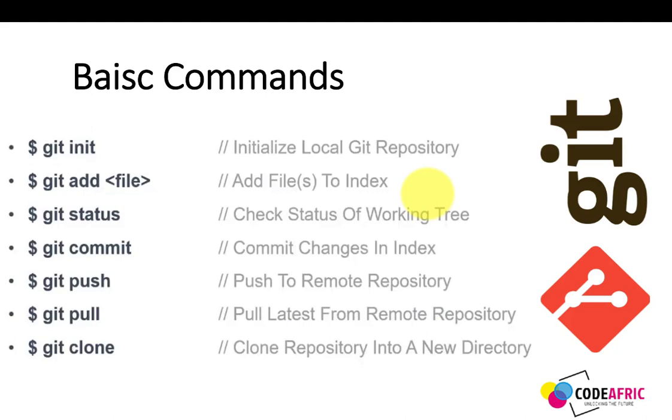We ran git init to initialize our local Git repository, git add to add our files to the index, git status to check the status of our working tree, and git commit to commit changes in the index. I did mention that the remaining commands we'll be using with our remote repository, and that is what we are going to do now.